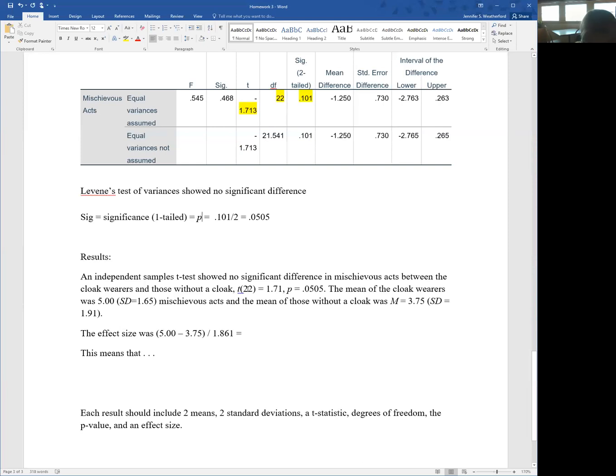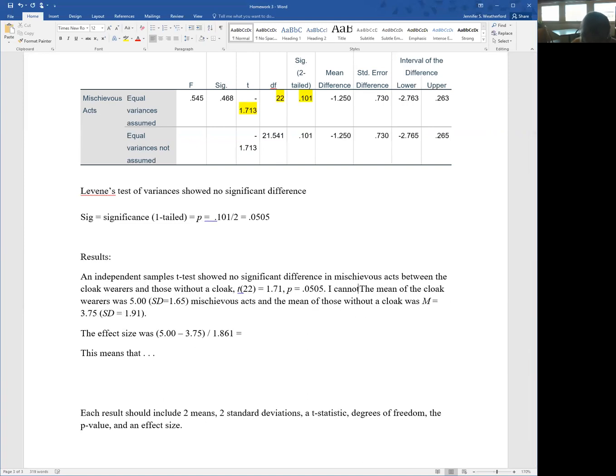So my t(22), and someone who really knows their statistics will know this is degrees of freedom, and the rest of our readers will just have to hope they trust us, equals 1.71. Again, it's 2 decimals. p, my probability, in italics, equals 0.0505. We could add one more sentence here if we want.